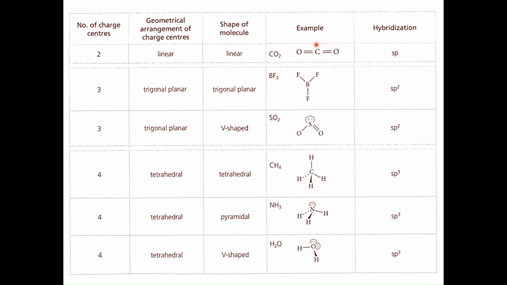And the only type of hybridization that provides two p orbitals for two pi bonds is the sp hybridization. It also helps to know that the geometrical arrangement of electron groups around carbon is linear, which also leads us to believe that it has an sp hybridization.